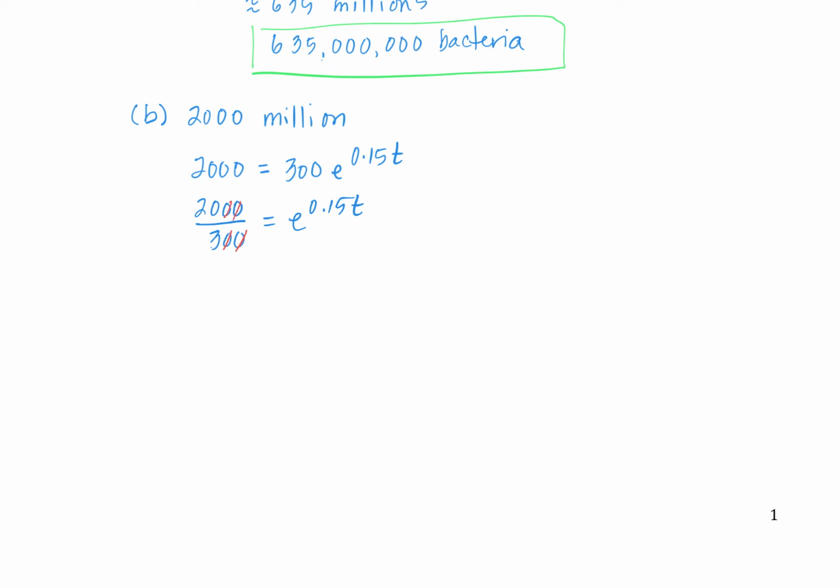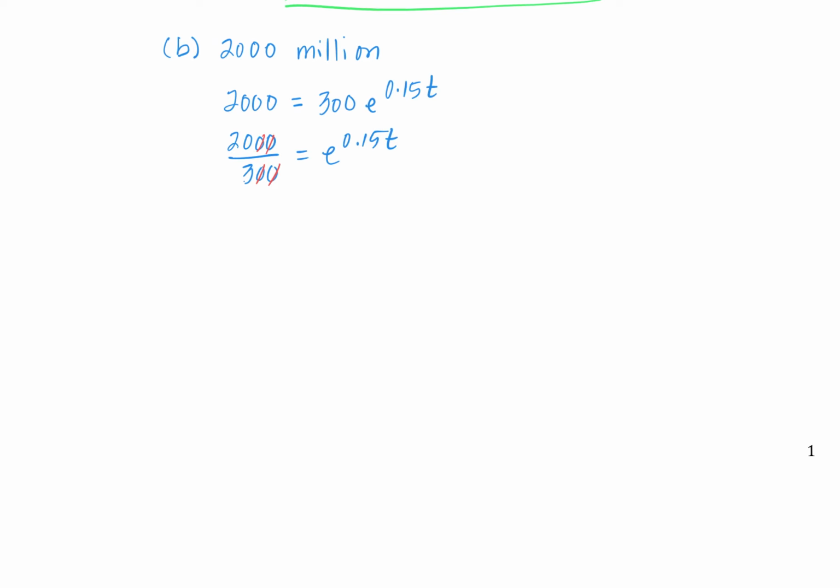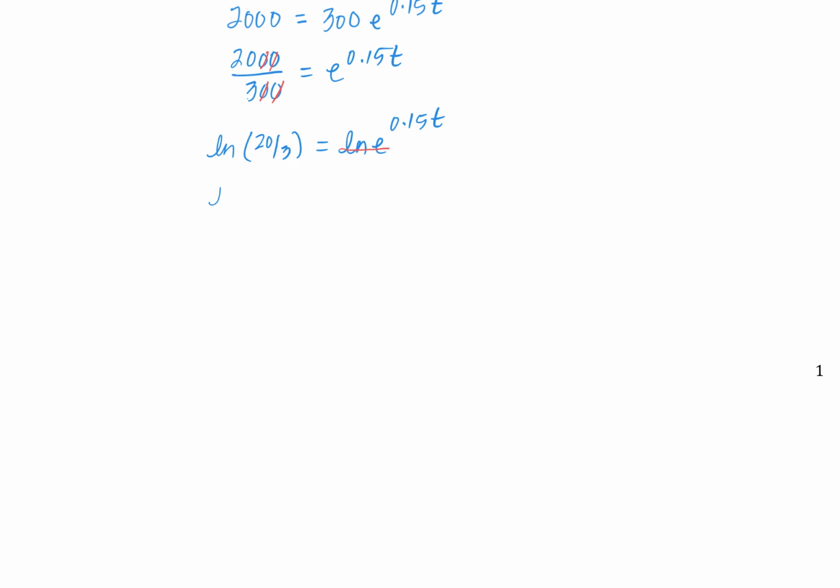At this point, the t is the exponent on the base e. So to get t out of the exponent, I can take the natural log of both sides. So the natural log of 20 over 3 is going to be equal to the natural log of e to the 0.15t. And once I've done that, by our log properties, this natural log of e is gone. And I simply have natural log of 20 over 3 equal to 0.15t.